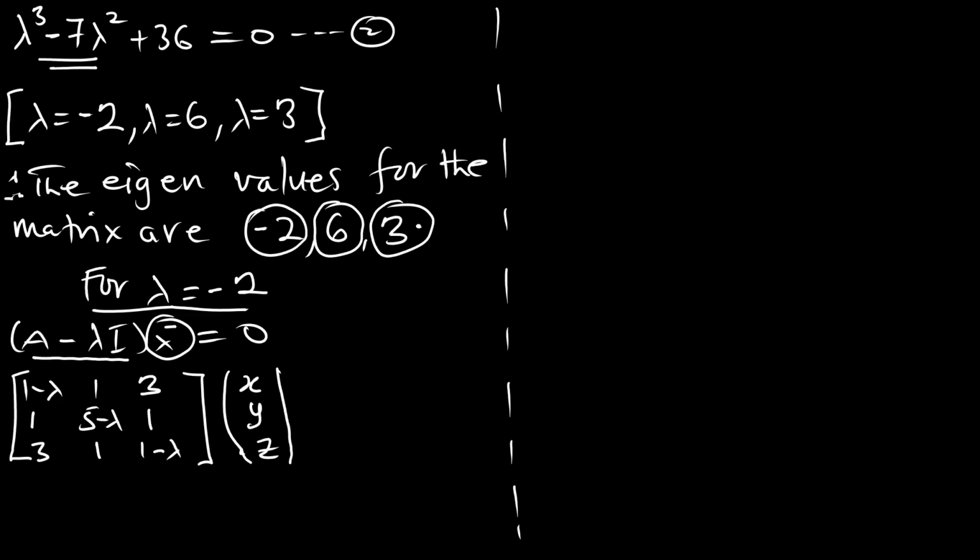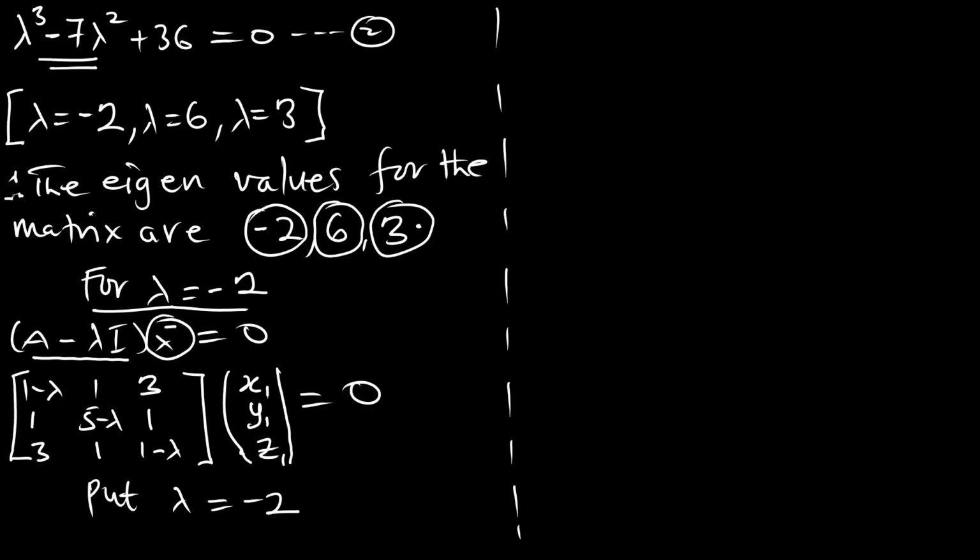Since it is a 3 by 3 matrix, we are going to get 3 unknowns. So for lambda equal to -2, let's make this the first vector. I'll call this x1, y1, and z1, and from the formula, it is equal to 0. Let's put in lambda equal to -2 and look at the matrix we are having.